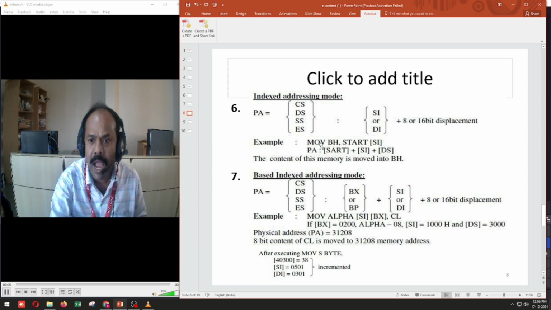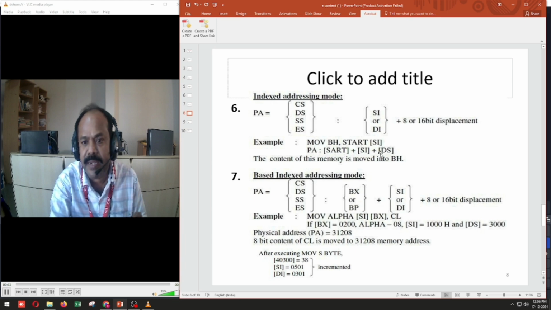Look at this example: MOV BH, start[SI]. SI will be holding the 16-bit offset address, and start denotes the 8-bit or 16-bit displacement. Both will be added, and then added with the content of the data segment register left shifted by 4 bits in order to find out the 20-bit physical address.